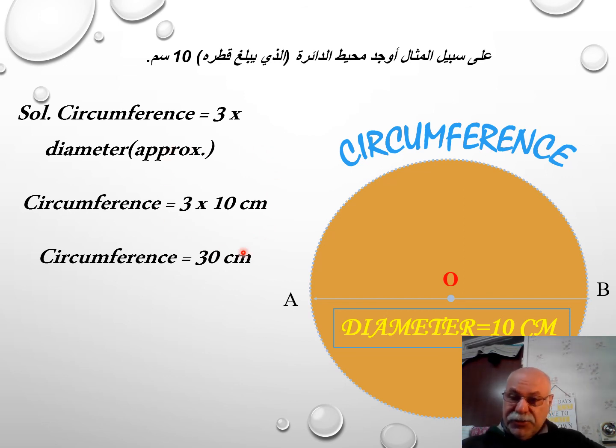And this question is solved very easily. It is just multiplying 10 times 3, it becomes 30 centimeters. This is the measure of the circumference of the circle.